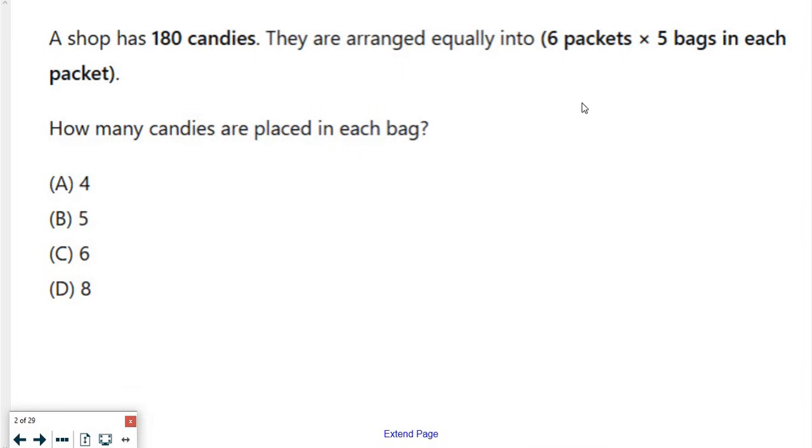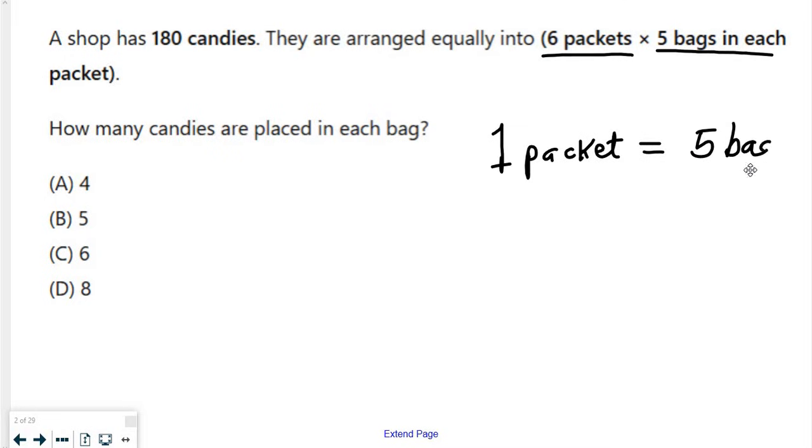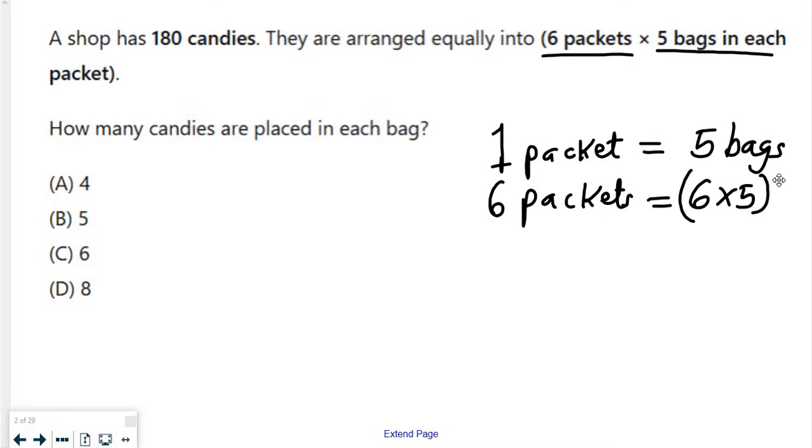Now let us try to understand the concept behind this question. We have this part of the question which says 6 packets with 5 bags in each packet. So you can clearly see that one packet contains 5 bags. If one packet contains 5 bags, how about 6 packets? 6 packets will contain 6 into 5 bags.